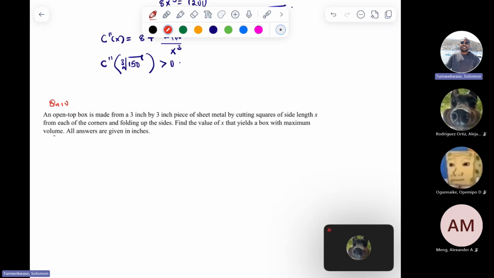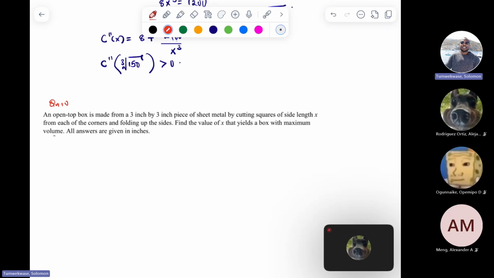So an open top box is made from a 3-inch by 3-inch piece of sheet metal by cutting squares of side length x from each of the corners and folding up the sides. Find the value of x that yields a box with the maximum volume.